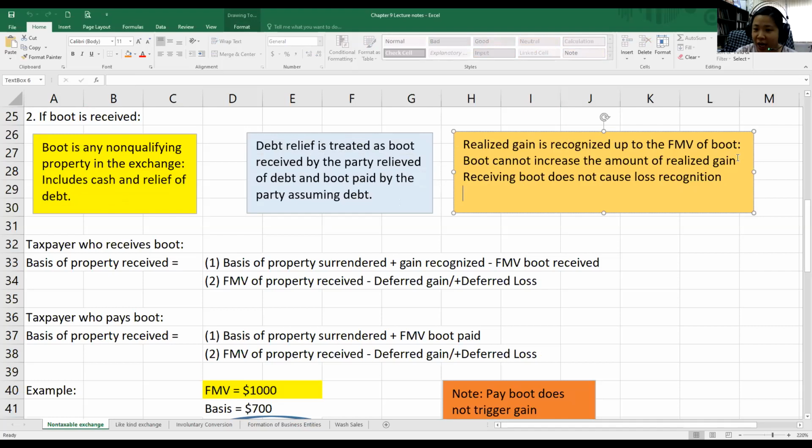But remember that boot cannot increase the amount of realized gain, and receiving boot does not cause any loss recognition. Okay, just remember that boot doesn't increase your amount of realized gain, and it doesn't cause any loss recognition.